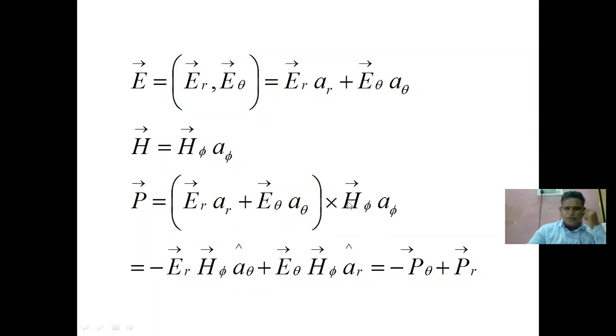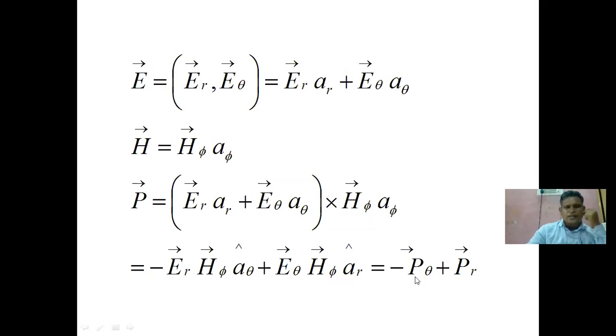Similarly, multiply these two terms, cross multiplication E theta H phi, A theta cross A phi, these are the two unit vectors. A theta cross A phi is nothing but AR. That's why we are getting this. The average power has a P theta component and a PR component. One more significant observation here is it has a negative sign.